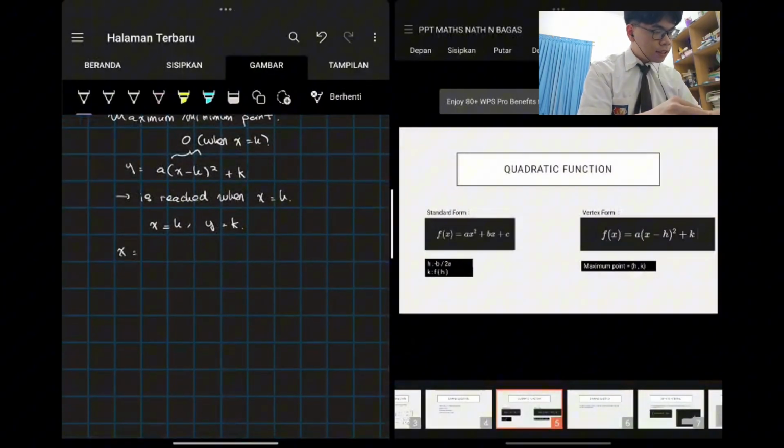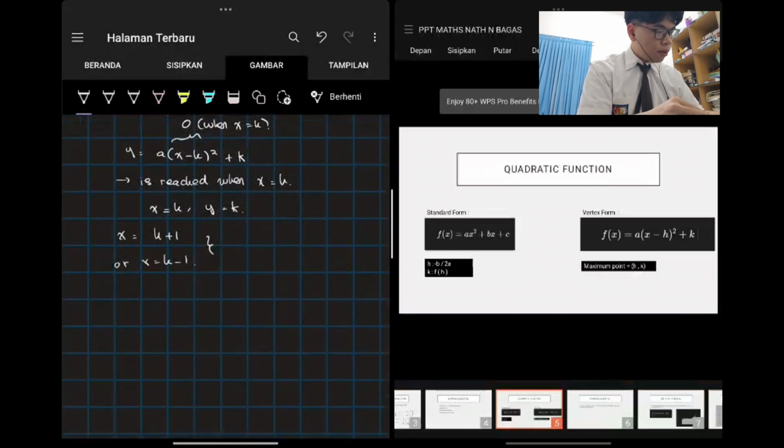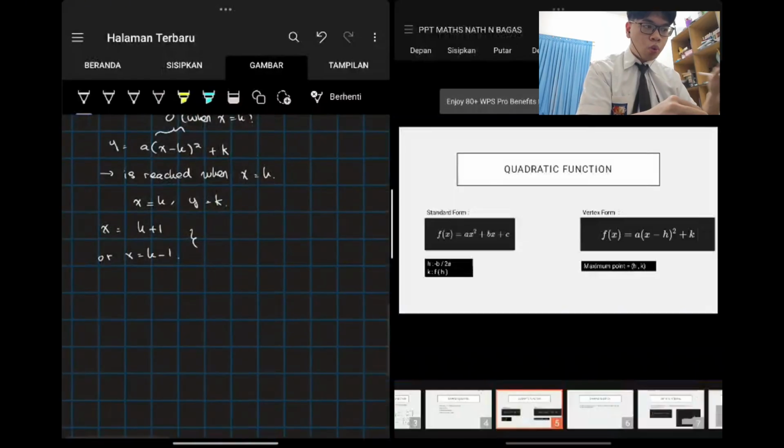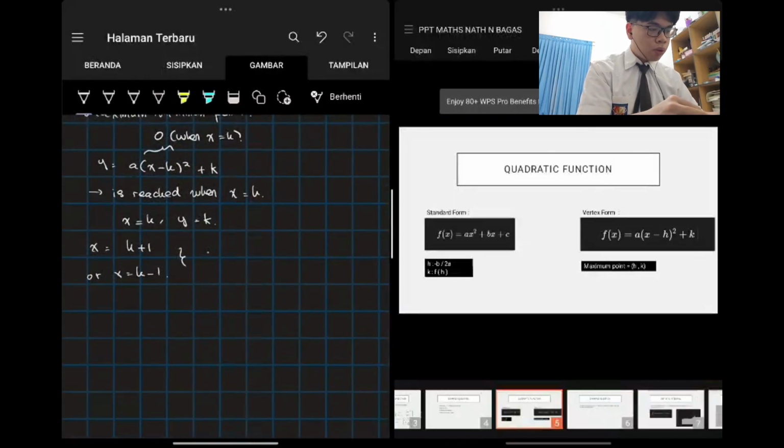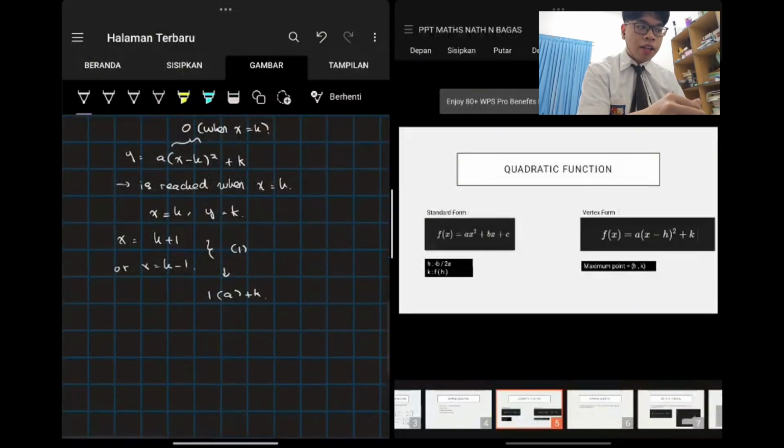Imagine if x equals h plus 1 or x equals h minus 1, then when we minus both and then we squared it, we will get 1. So 1a plus k. So we got two values of x which produce the same value of y, thus it is not a unique value.